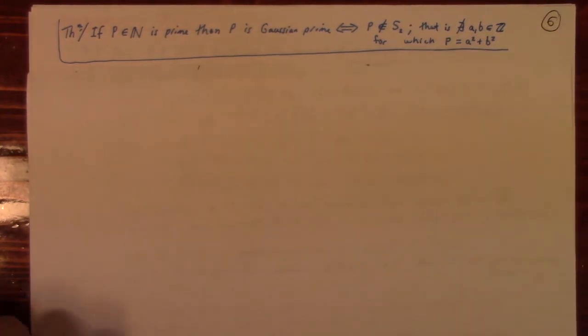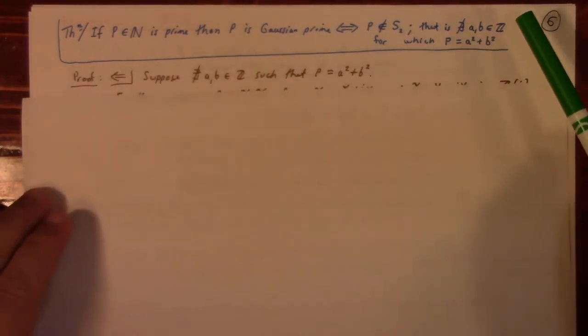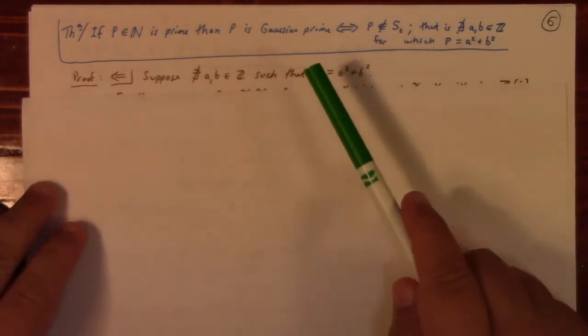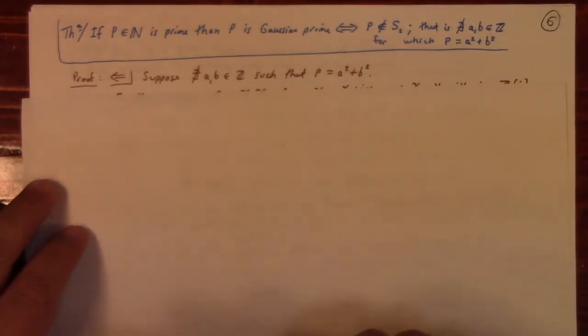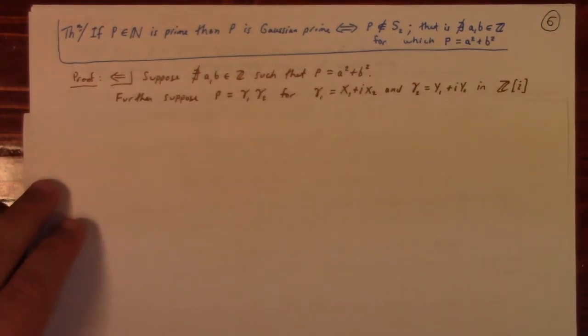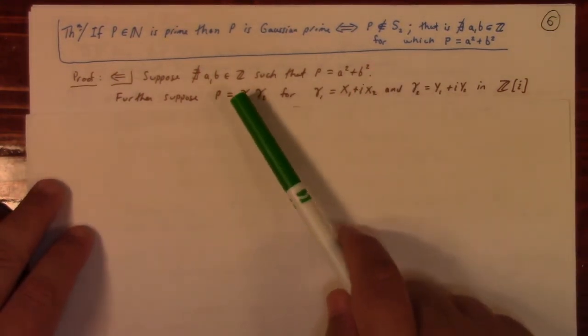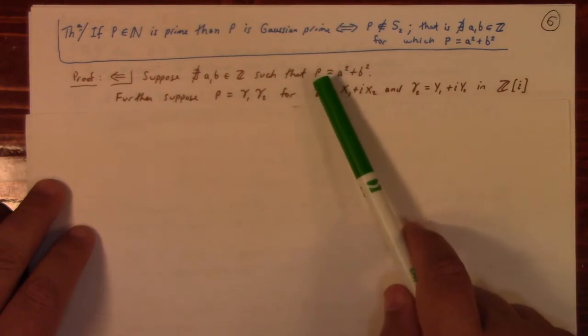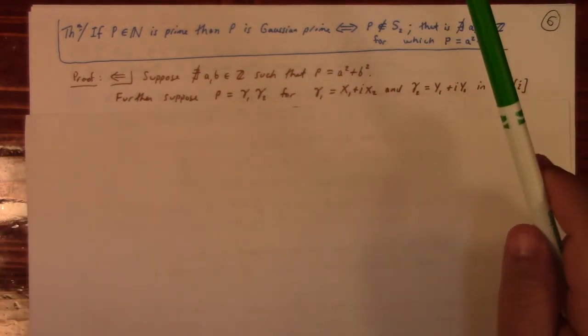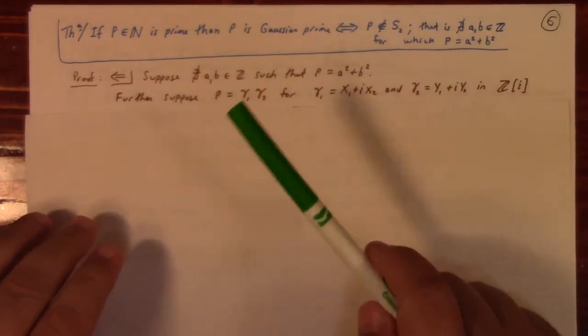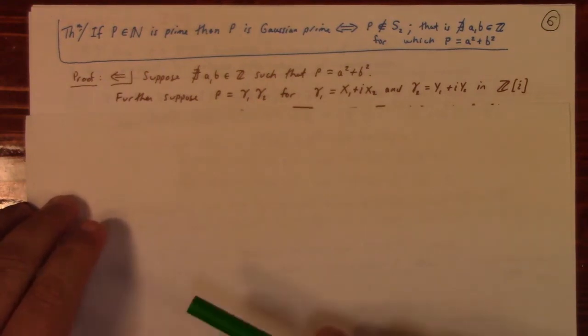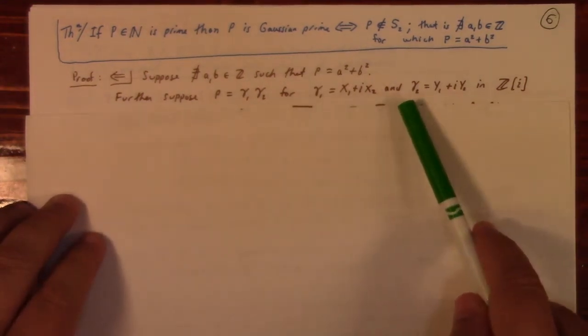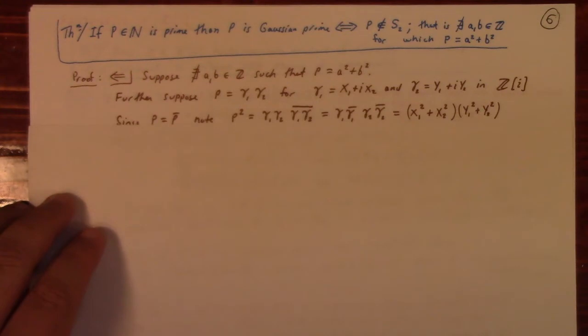Okay, let's sort through this here. So converse direction. Suppose there does not exist a and b such that p is equal to a squared plus b squared. Now let's suppose that you could factor that p, right? And this p we're assuming is a prime in the integers, so p is a real integer. And we're supposing it's got somehow a complex factorization, gamma 1, gamma 2.